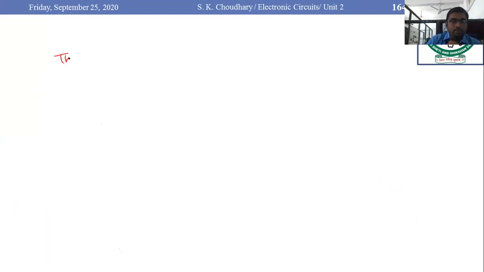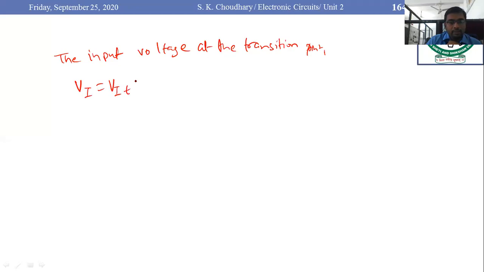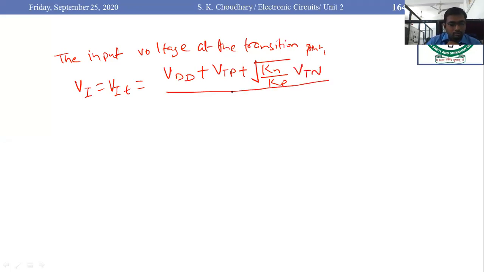The input voltage at the transition point is Vi equal to VIT equal to VDD plus VTP plus root under Kn upon Kp into VTN, upon 1 plus root under Kn upon Kp.